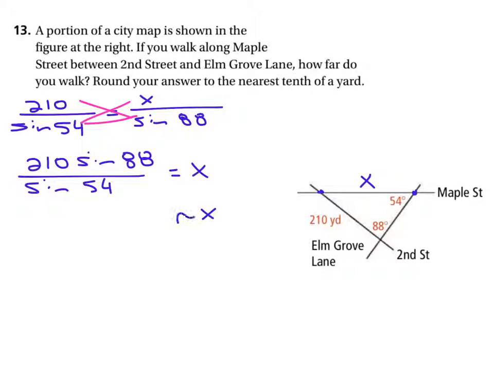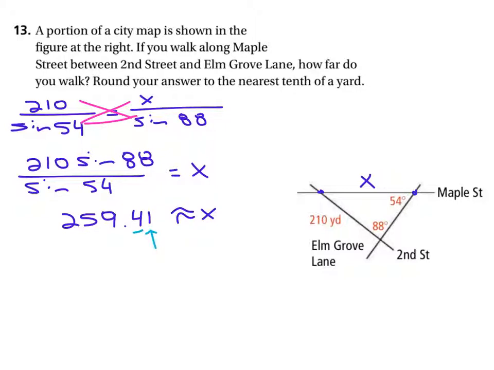Now, x will be approximately equal to whatever the calculator provides us with when we type it in. So we got 210 sine of 88, close parentheses, divided by sine 54, close parentheses, and you get 259.41.